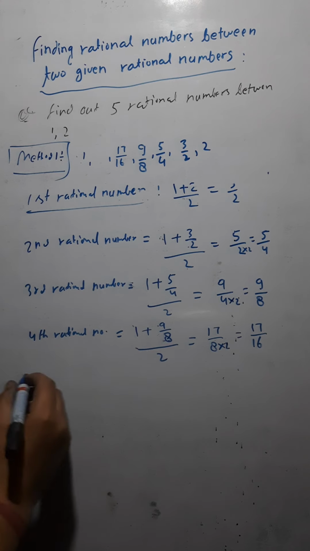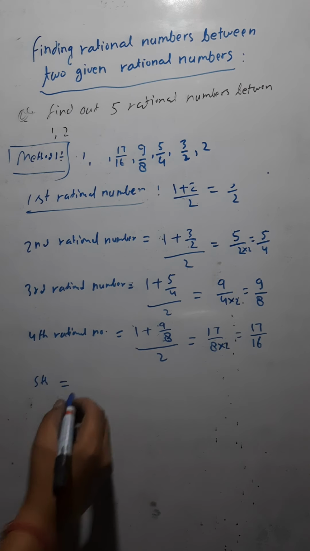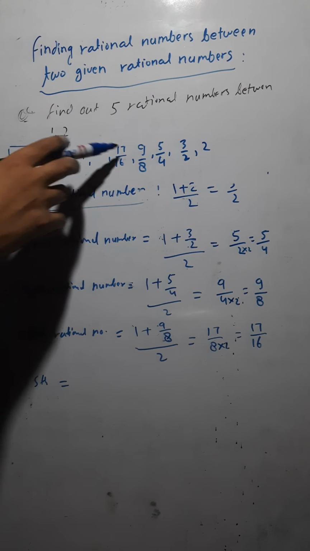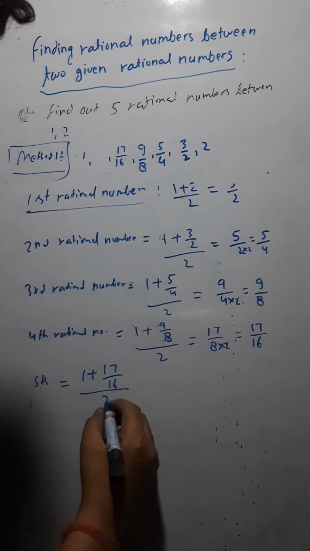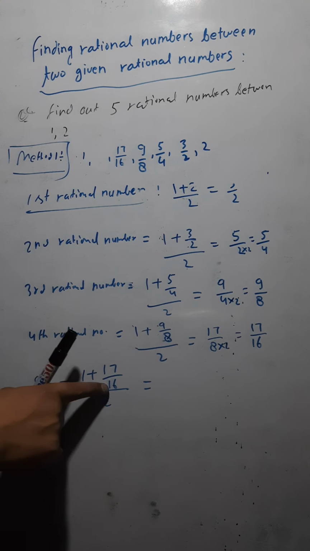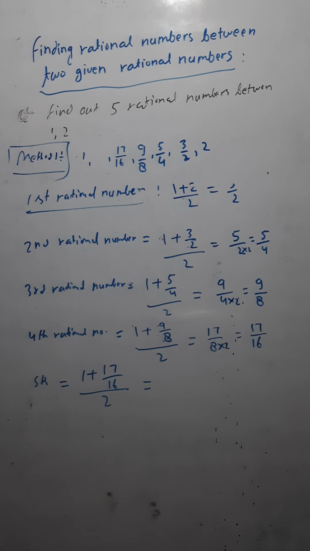Now the fifth one, how would you find out the fifth? Again, you are taking the mean of these two, so I would be adding 1 plus 17 by 16, and I would be dividing it by 2. So just solve this. 16 ones are 16, 16 plus 17 is how much? 33.